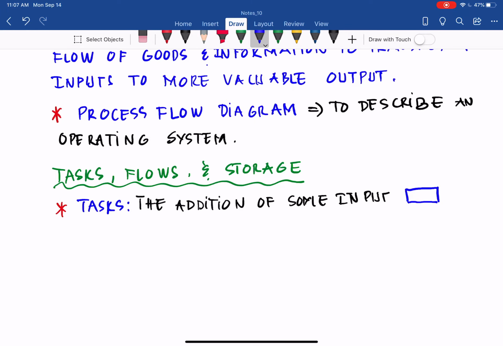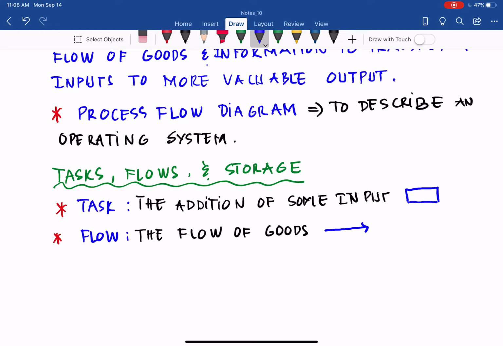And then we have the flow. Basically, the flow is the flow of goods or the flow of information. The flow of goods we represent with an arrow, and it's solid.